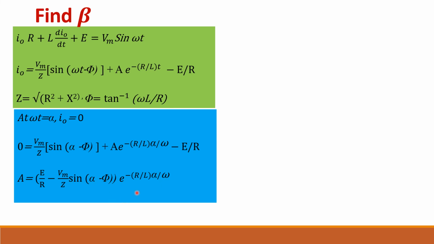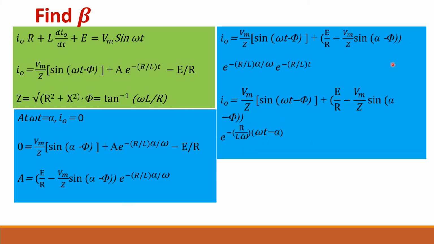Then substitute it in this equation, and you will get I0. Again, you have to apply I0 equal to 0 at omega t equal to beta, and you get one equation. This is not easy to solve manually. You can do some programming to solve this equation, but from a theory point of view, you can stop with this.